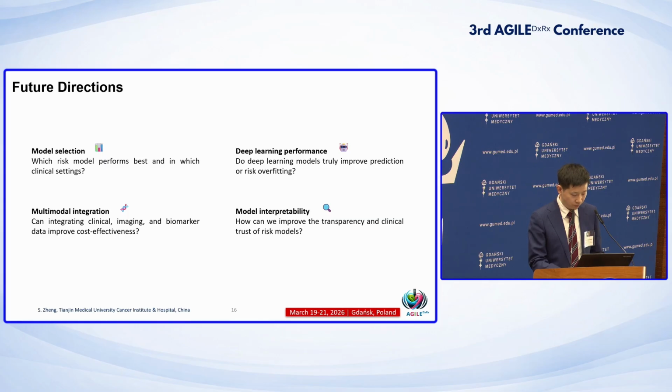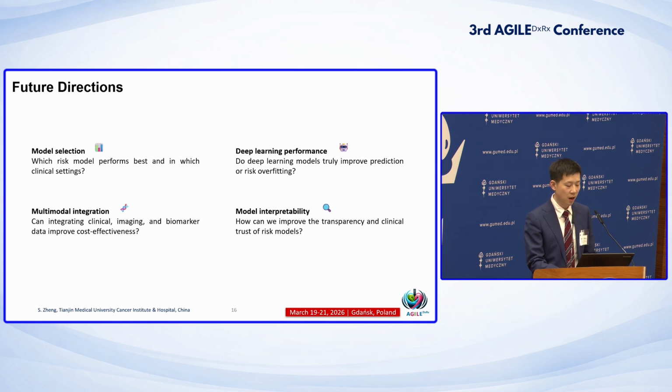Second, we have seen results from Central and Eastern European countries that lung cancer screening can be cost effective, and the molecular biomarkers can have potential value to improve lung cancer risk prediction.